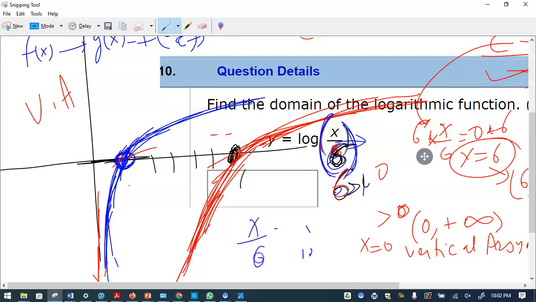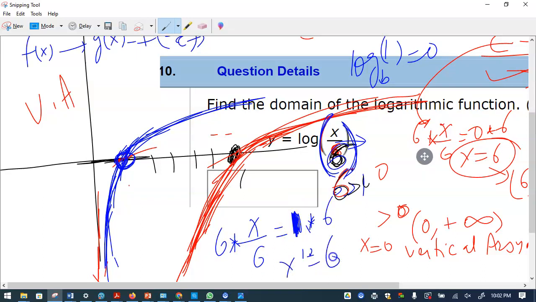You put x over 6 equal to 1, because that's the only way a logarithm is 0, no matter what the base is. Multiply 6 on both sides and you get x equals 6. That's why this point moves here. It's not a shift, it's multiplied by the scale factor. Whatever x and y were, now it is cx, and in this case c is 6, so it goes right here. I hope that helps.